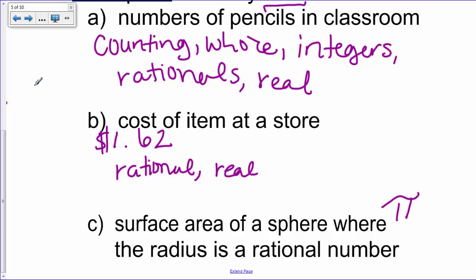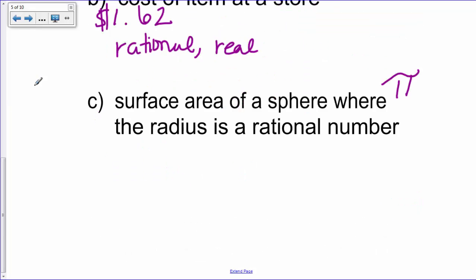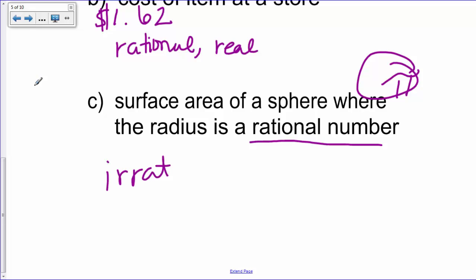And I told you on the last example that if we are multiplying something by an irrational number, that automatically makes it an irrational number. So they're trying to confuse you here by saying that the radius is a rational number, but that doesn't matter because we're multiplying by pi. So we're going to say that this would be an irrational number. And a real number. Okay?